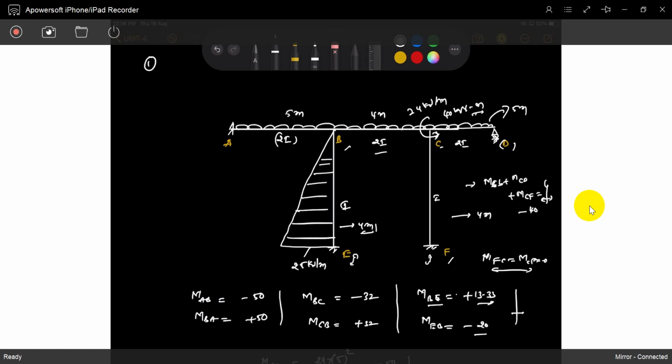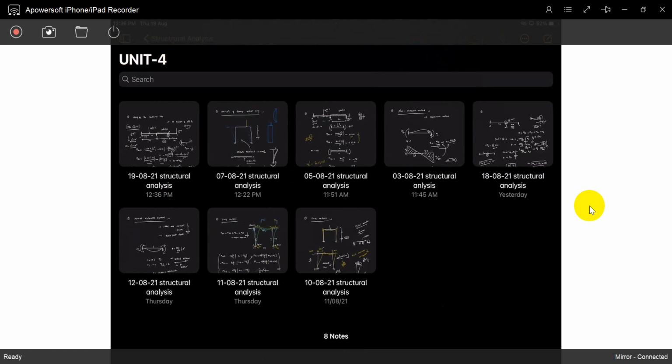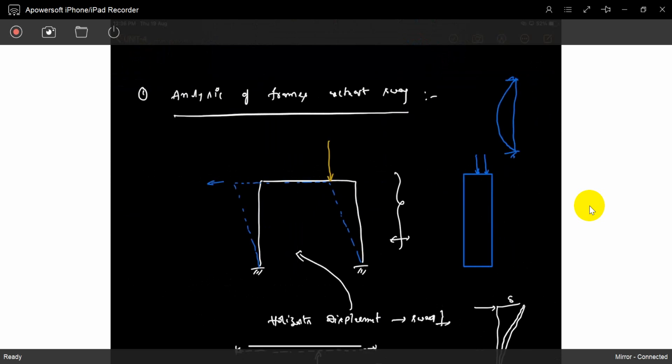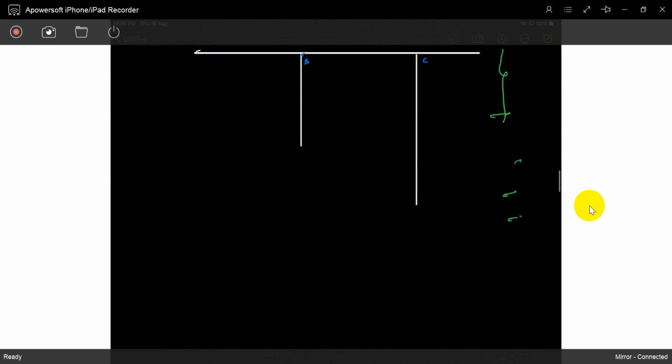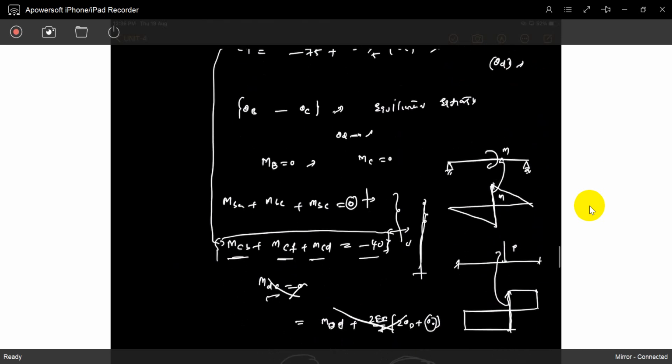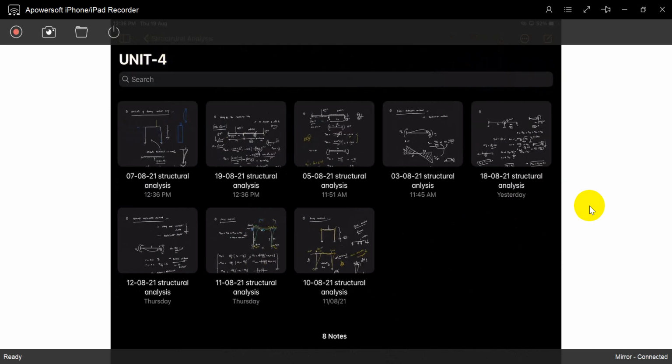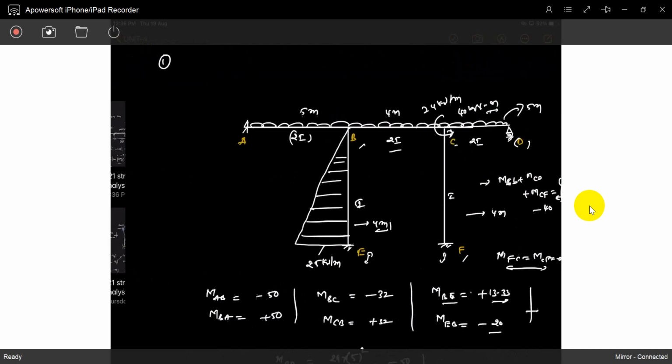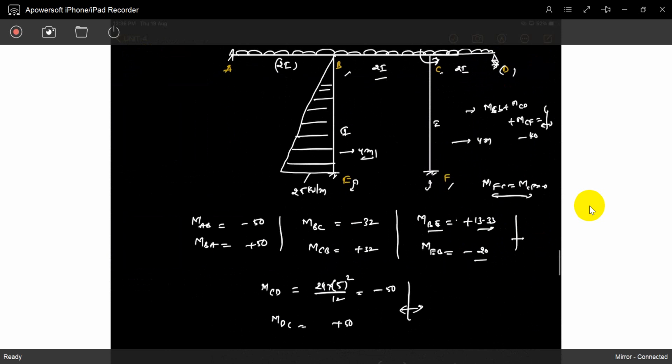We already wrote it in the previous problems. It should be equal to minus 40, not 0, because it has a concentrated moment of minus 40. So we have to maintain minus 40.